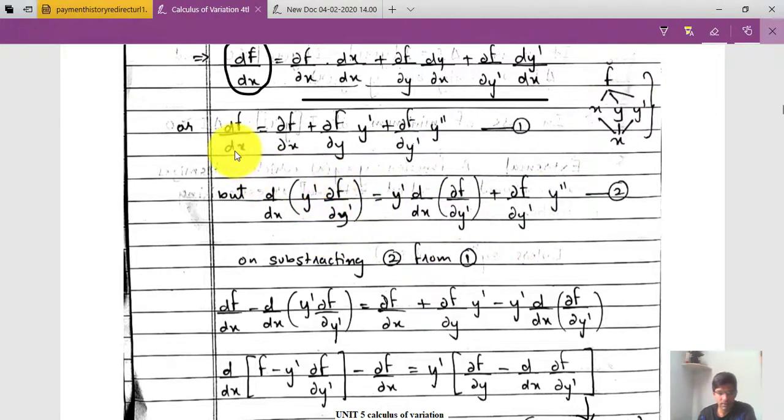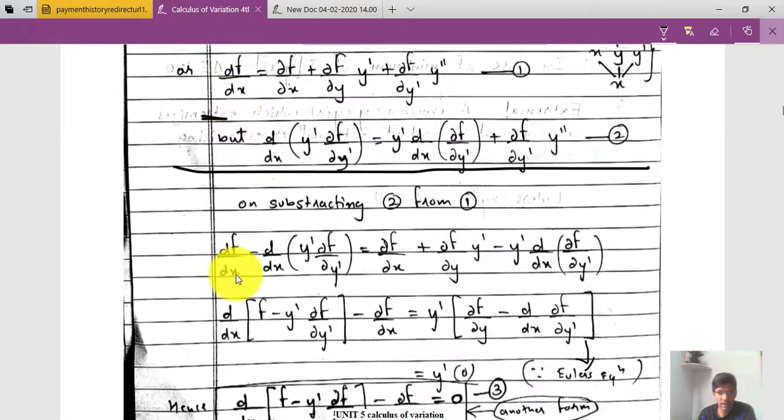Now what I do is, on subtracting equation 2 from 1, if I subtract this value, what do I get? df by dx minus d by dx of y prime dou f by dou y prime. This is it.